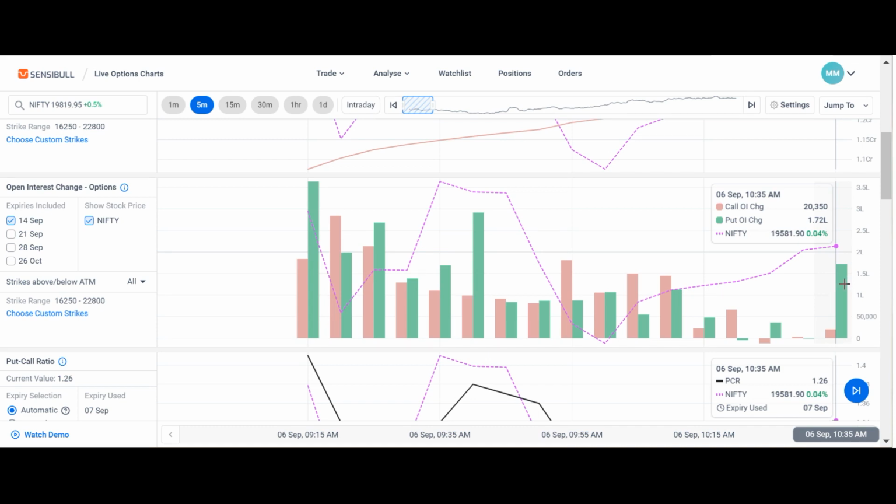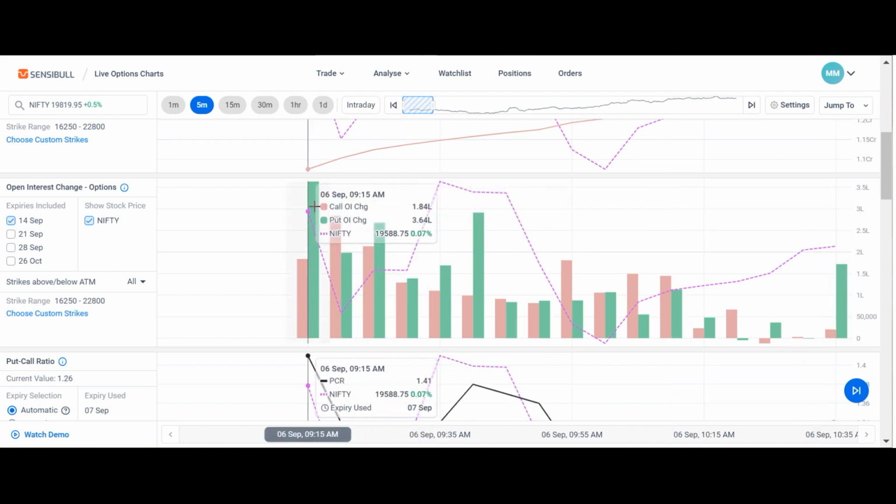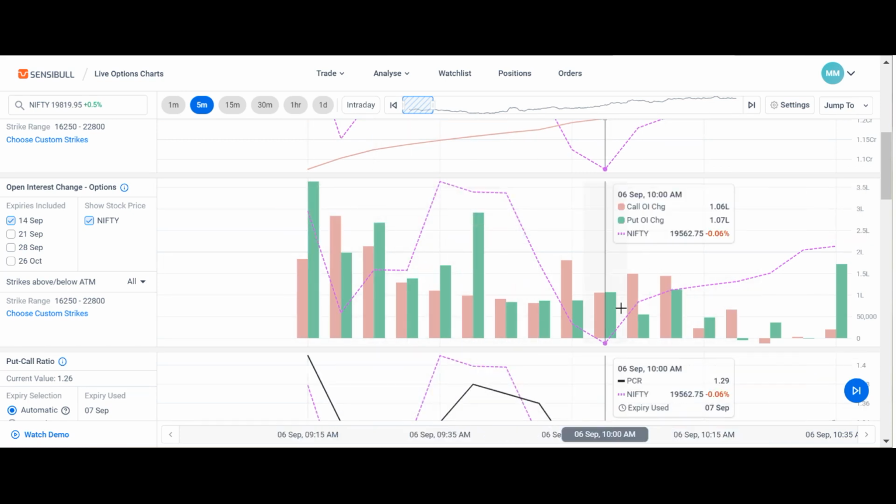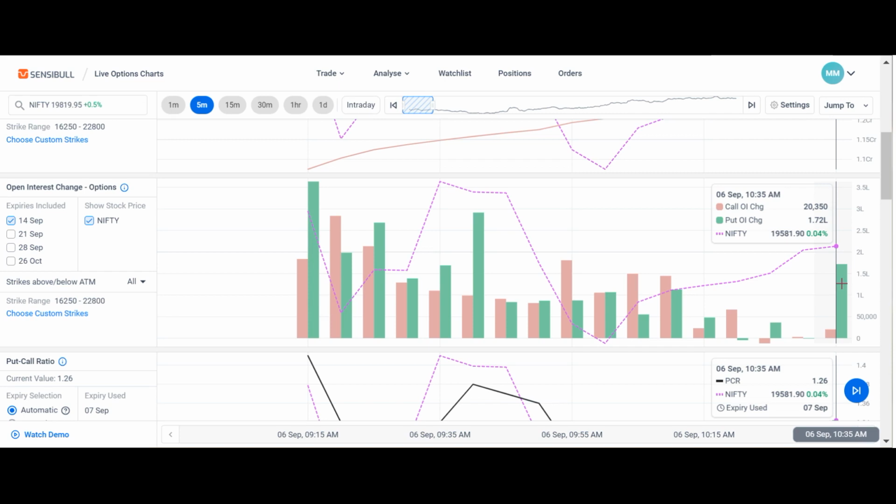What are you seeing? There is a sudden change in the put OI. Now these guys are writing the puts. In this scenario, they bought the puts here, and this is where they closed their puts.